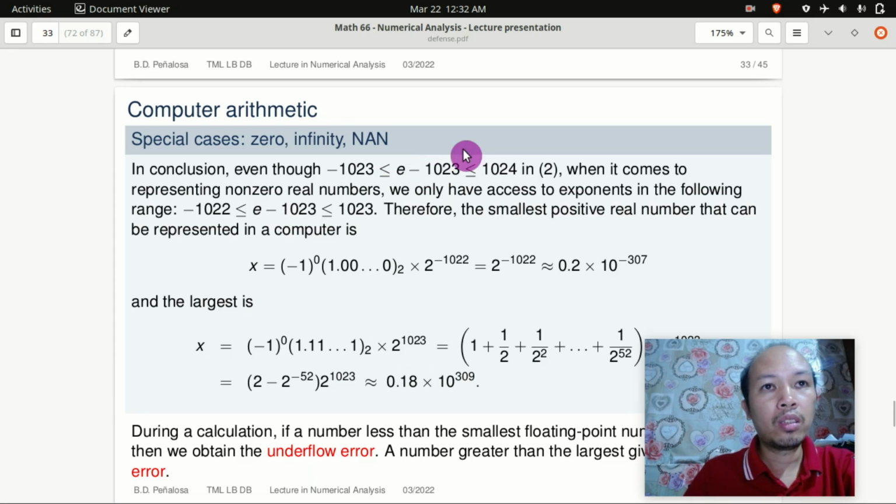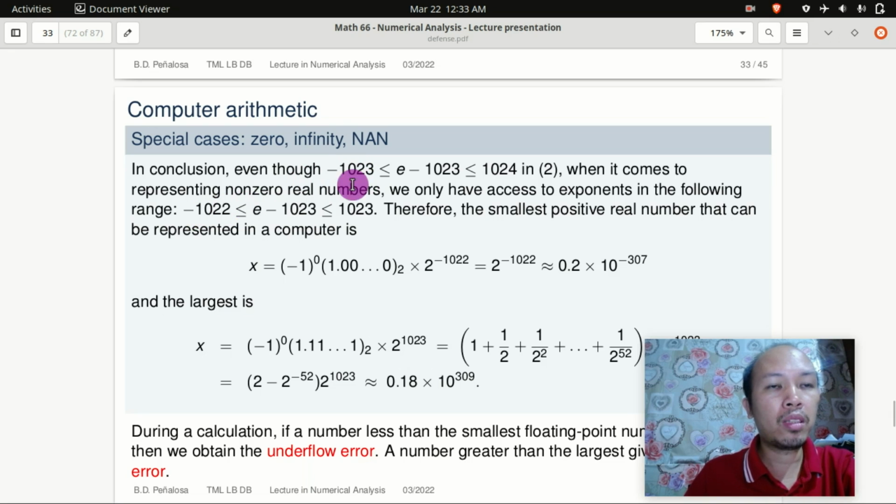If you recall in the previous discussion, in this sentence it says that when it comes to representing non-zero real numbers, we only have access to exponents in the following range. So notice that it is less than 1. In the upper, we have 1024. Here we have 1023. And in the lower, we have negative 1023. In this one also, we have negative 1022. So it is 1 less. Okay, so what is the reason?